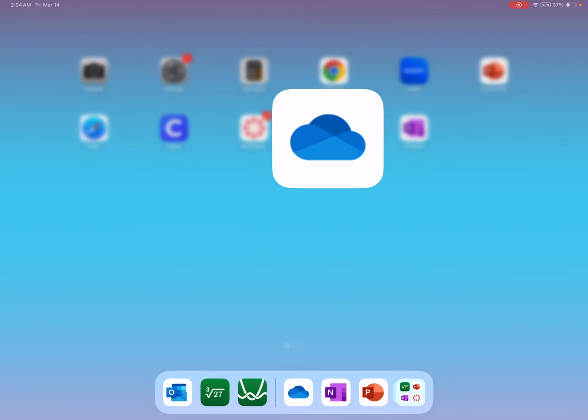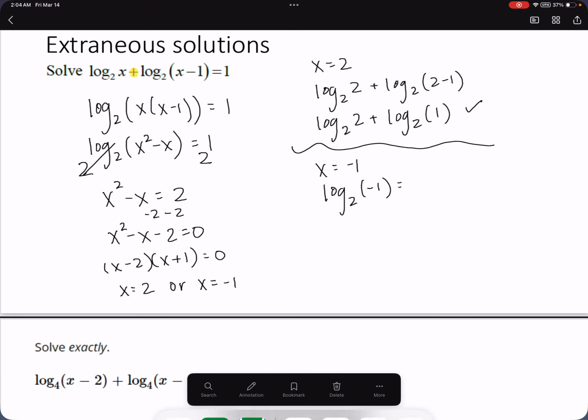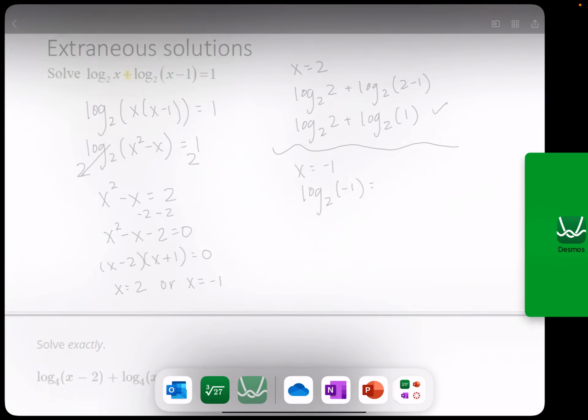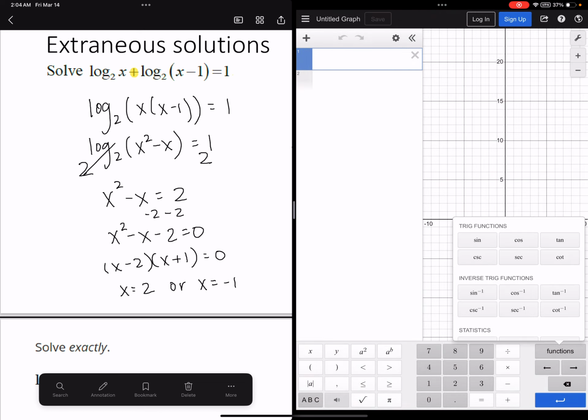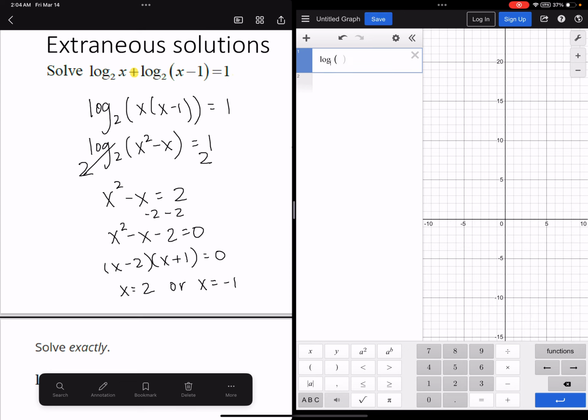Okay, here we go. The graphing calculator of Desmos can change the base of a log. So I'm going to go here and just show you what it says. So if we do log base 2 of negative 1, it's undefined.